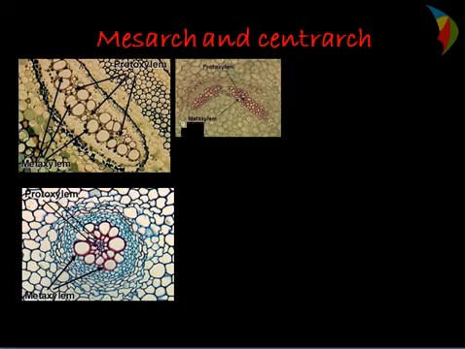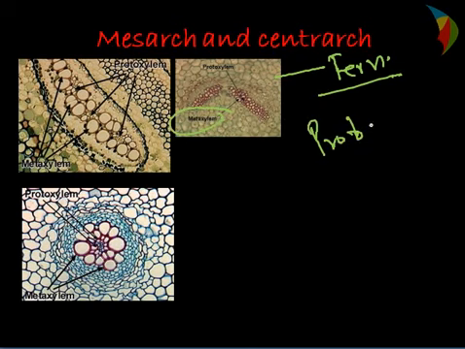The mesarch type is mostly found in fern plants. We have protoxylem which forms one of the many strands, and the protoxylem is surrounded by metaxylem.